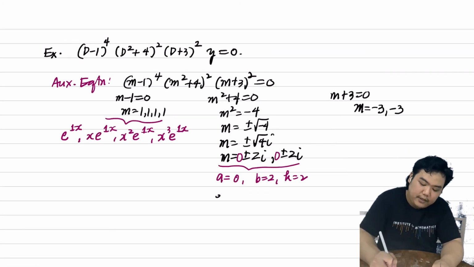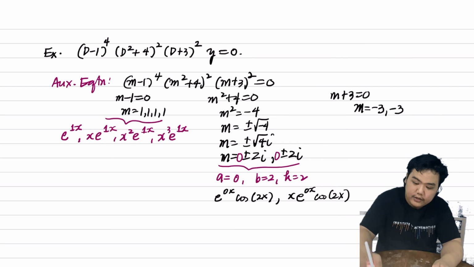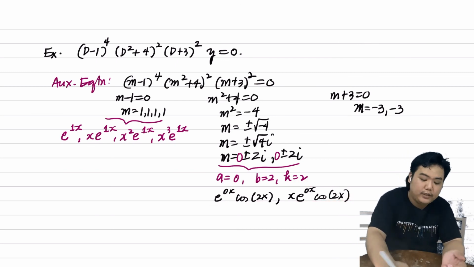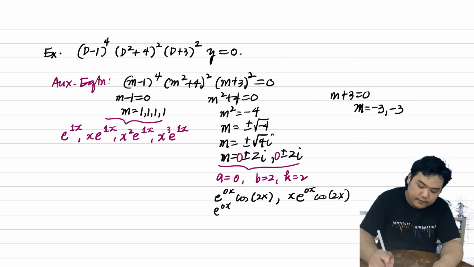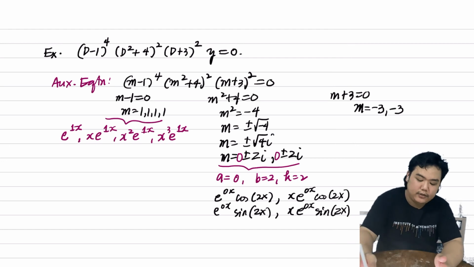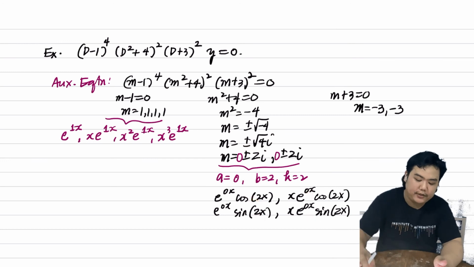So, ano yung form? e raised to 0x cosine bx, tapos times mo by x yan, e raised to 0x cosine 2x. So, ilan na yan? Dalawa, no? So, yun yung para sa k equal to 2, and then, you do that for sine. So, instead of cosine 2x, you have sine 2x na lang. Papalitan mo lang yung cosine 2x by sine 2x. Ayan. So, yan yung para sa part na ito, no? So, 1, 2, 3, 4, apat yun.